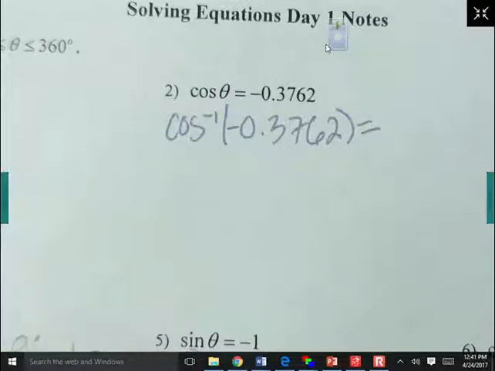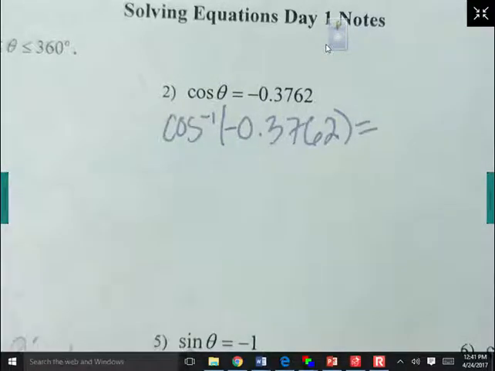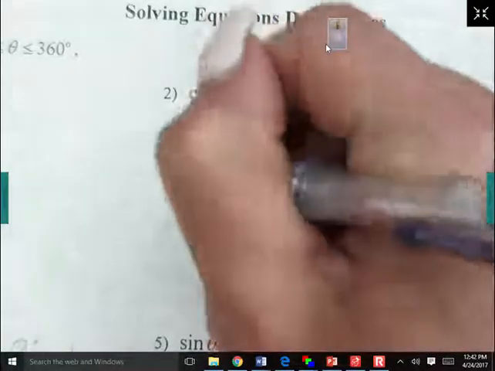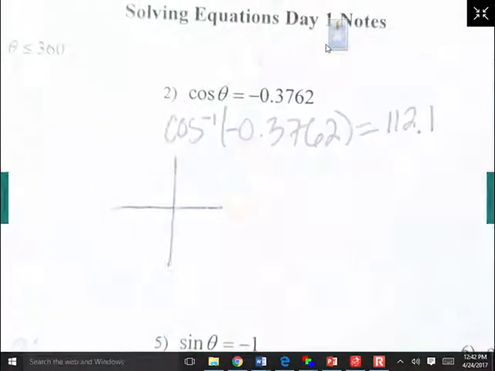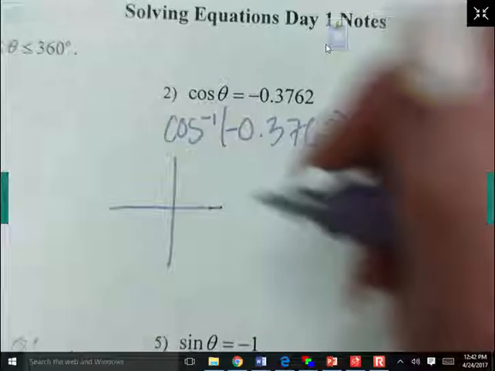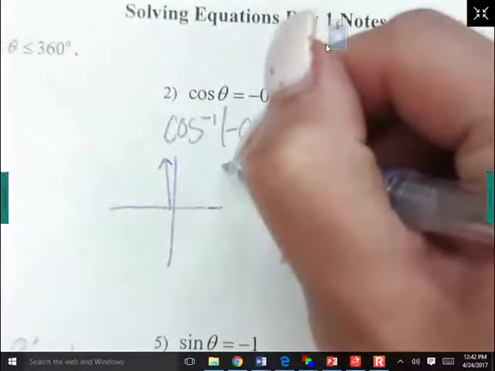Will someone else put this in their calculator? Got it. Cosine inverse of negative 0.3762. It's 112.1. 112.1? Okay. Now, Alexia, look here. This is Alexia's problem, so please try not to shout out the answer, okay? I do appreciate the support.